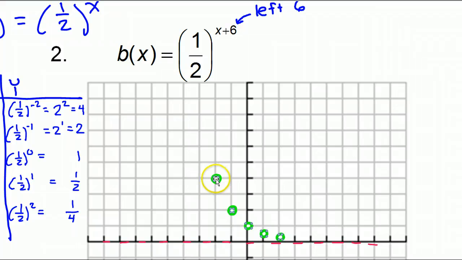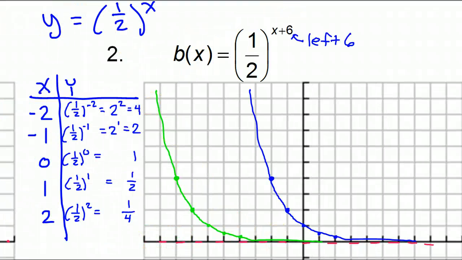So here we go. 1, 2, 3, 4, 5, 6. I just slid all of these points to the left 6. So these values show me where the actual curve will be, and that's going to look very much like this.